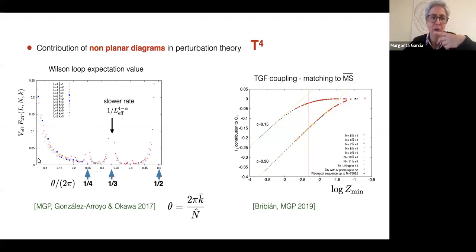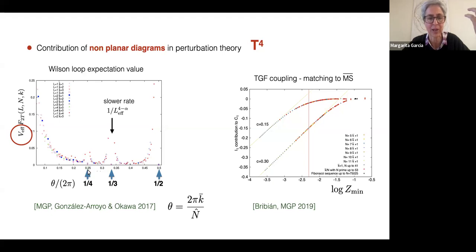You can see that if you plot the contribution, these are the contributions. The theta-dependent diagrams are the ones that are non-planar, because in the planar limit, all theta dependence has to disappear. And indeed, it disappears. I have scaled this quantity with the effective volume. So typically, the contributions that are theta dependent to the Wilson loop expectation value are suppressed with effective volume, okay? But there are particular values.